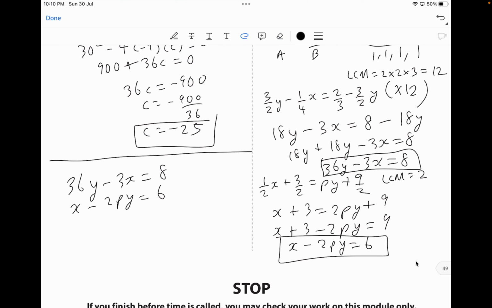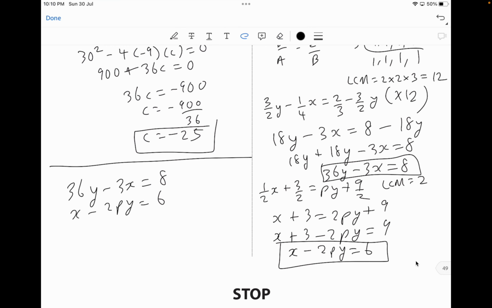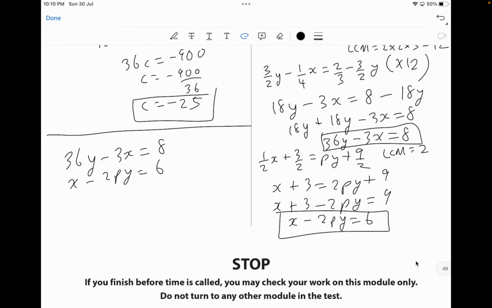Okay? Since we know, as previously stated, if the system has no solution, the lines represented by the equations in the xy plane are parallel and distinct. So meaning that the proportions should match each other, right?